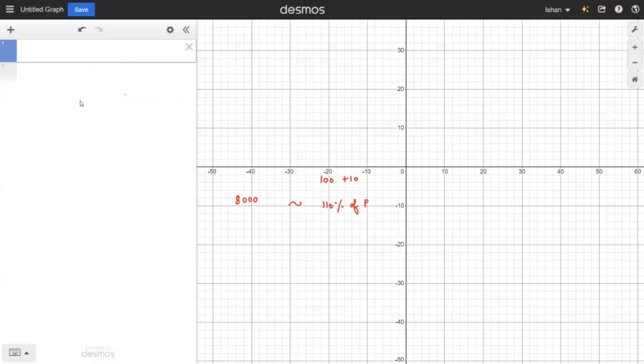So you can see I'm just writing the same equation, 8,000 equals 110 percent of some value P. I don't know what P is. So the value of P stands very big, that is 7272.72727.